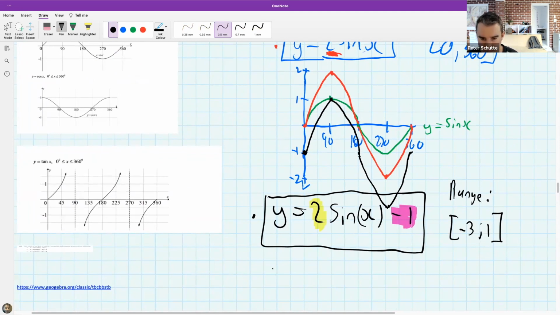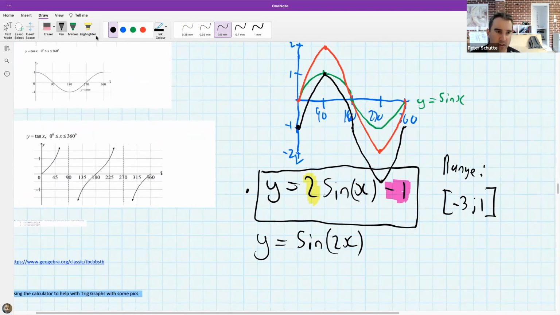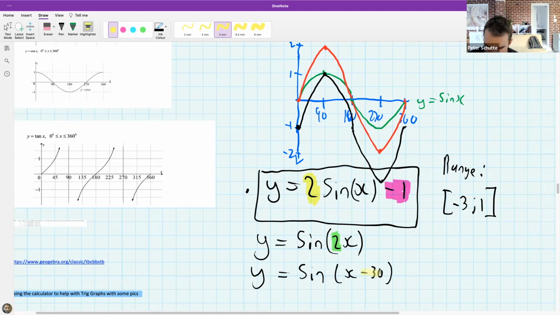The one other type of transformation that we can have is what happens in the situation where the number in front of the x changes. So we have to consider in the next lesson, what happens if that happens? How does that affect the shape of my graph? And then the other thing we need to talk about is what happens if we have to subtract something from inside the bracket.